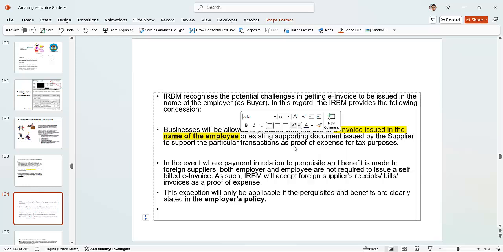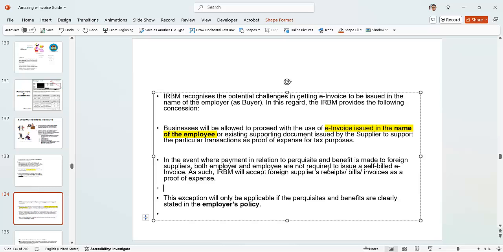In the event where payment in relation to prerequisites is made to foreign suppliers, you are not required to issue a self-billed invoice. We will accept the foreign supplier's receipt, right? So if it is made to a foreign supplier, okay.